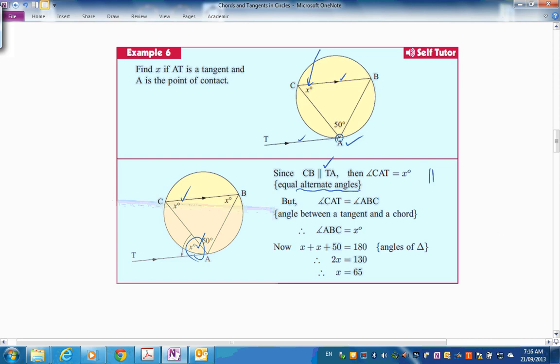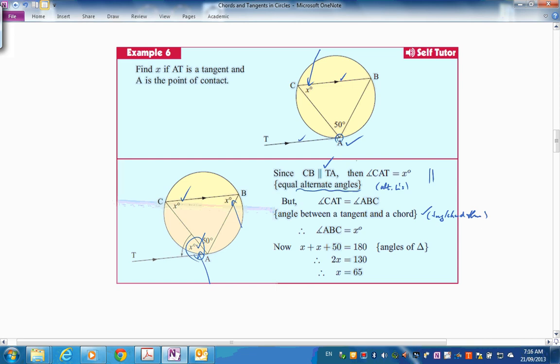Also, angle CAT, this one here, equals the angle in the alternate segment, equals ABC. Okay, angle between a tangent and a chord equals angle in an alternate segment. Now you don't have to put all these words in, you can just put up here alt angles will do. And here tangent chord theorem, something like that.